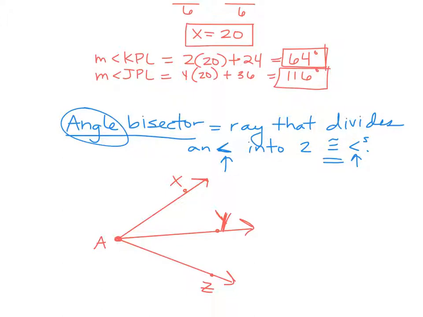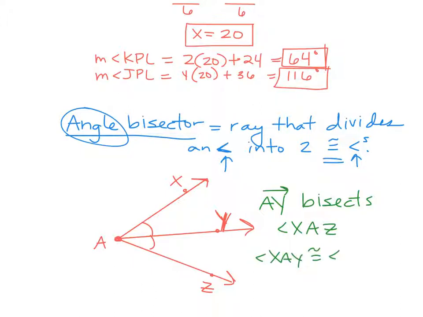We would say these are congruent if AY is an angle bisector. So if you wanted to write out the wording for that, we would say ray AY bisects angle XAZ. So that means that angle XAY is congruent to angle ZAY.